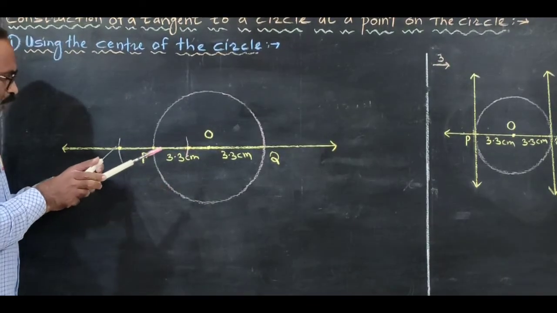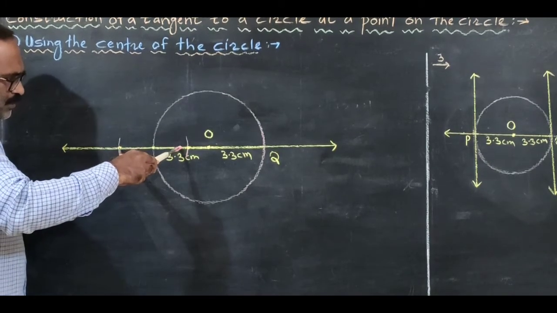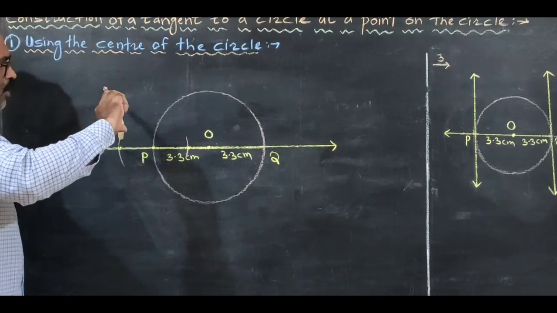Now we put the nib of our compass at this point and we take more than half distance of these 2 points in our compass. We draw arc.